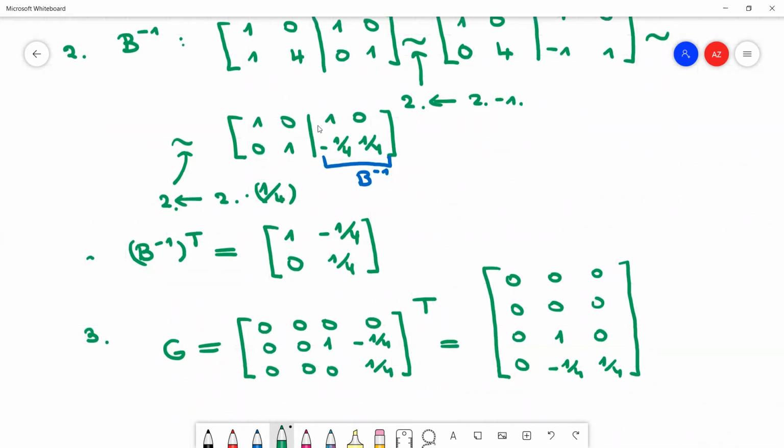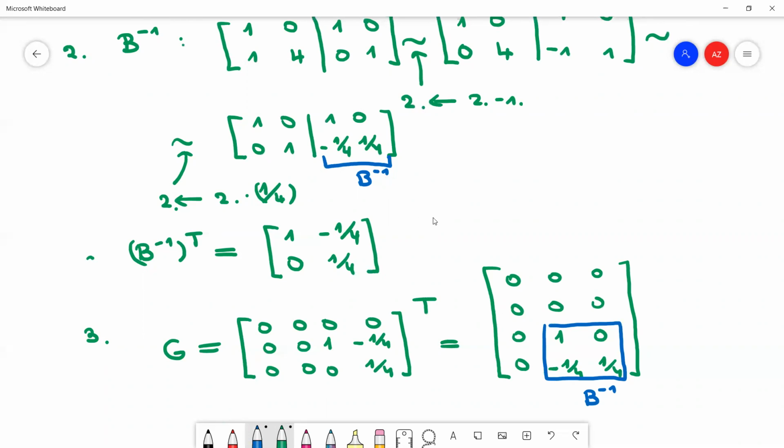So you see that this B inverse, in fact, occurs in the right lower corner of G. This transpose only has to be done because then we transpose everything again. So if we already know in advance the dimensions of G, then we don't need to transpose twice.